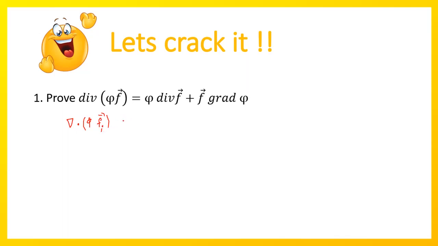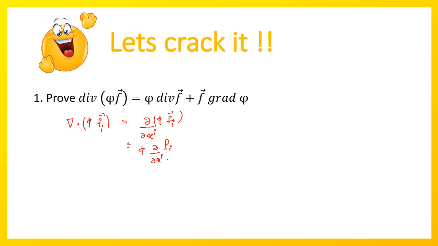If I am writing the derivative for the index i, this del over here should also be dou by dou xi, because we are taking a derivative and we need a contraction. Therefore, the answer here will be dou by dou xi of phi fi. Therefore, it can be written as phi into dou by dou xi of fi.